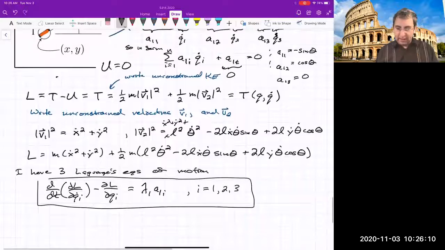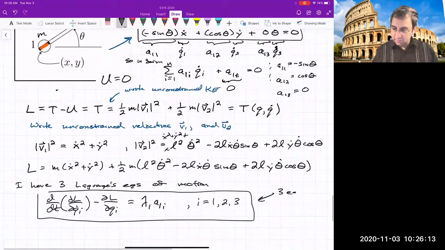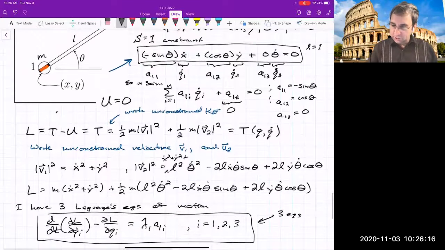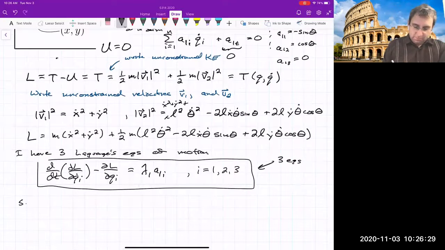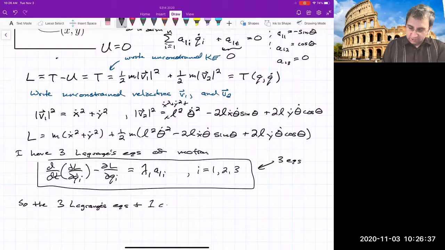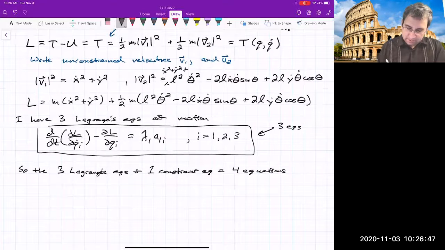And so now what do I have? This is 3 equations, right? But then this is also an equation up here. So the boxed equations, I have 3 of them, and I have 4 unknowns. So the 3 Lagrange's equations plus the 1 constraint equation equals 4 equations. So do I have a closed system?